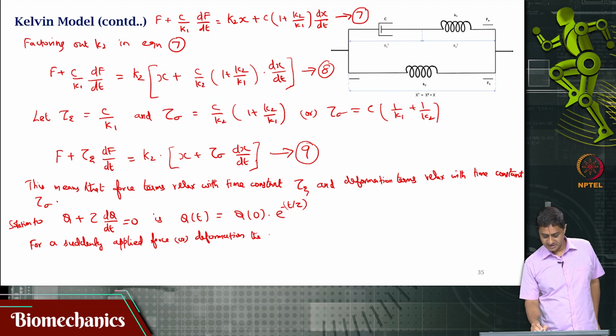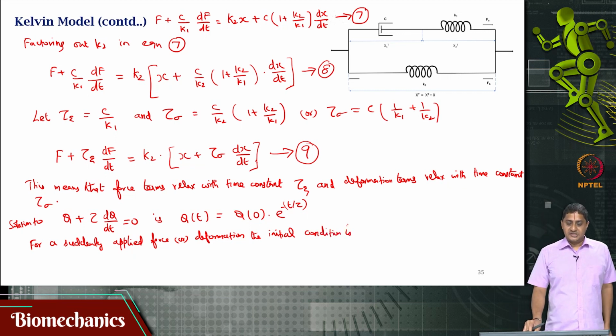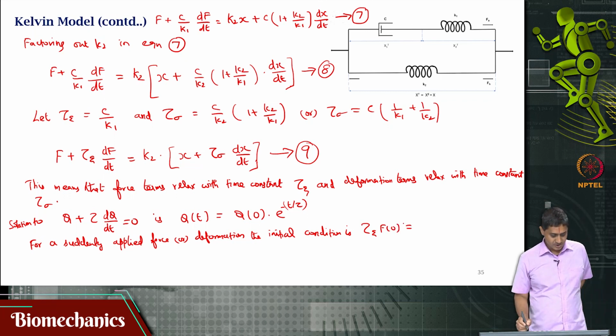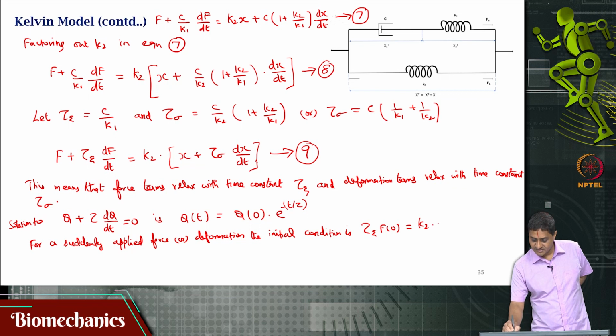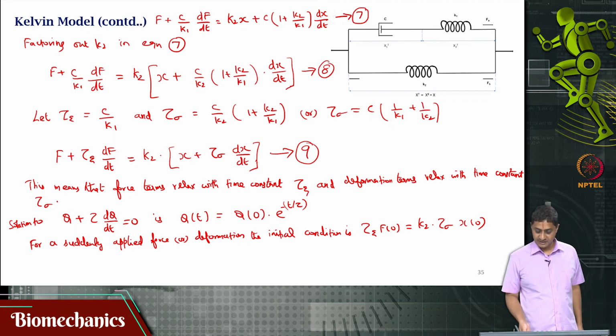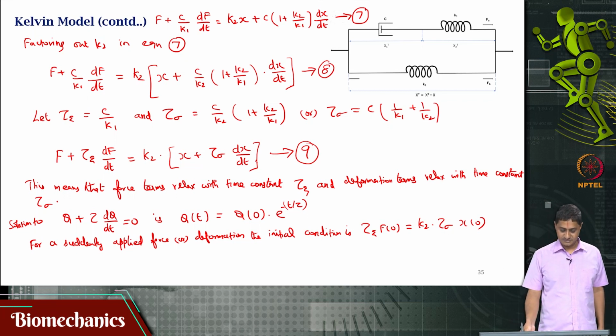The initial condition is tau epsilon F of 0 is equal to K2 times tau sigma x of 0. This is the initial condition. K2 times tau sigma x of 0.